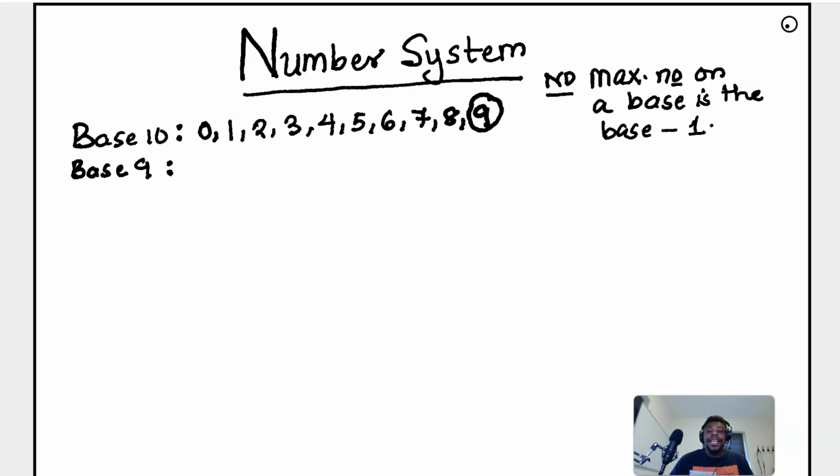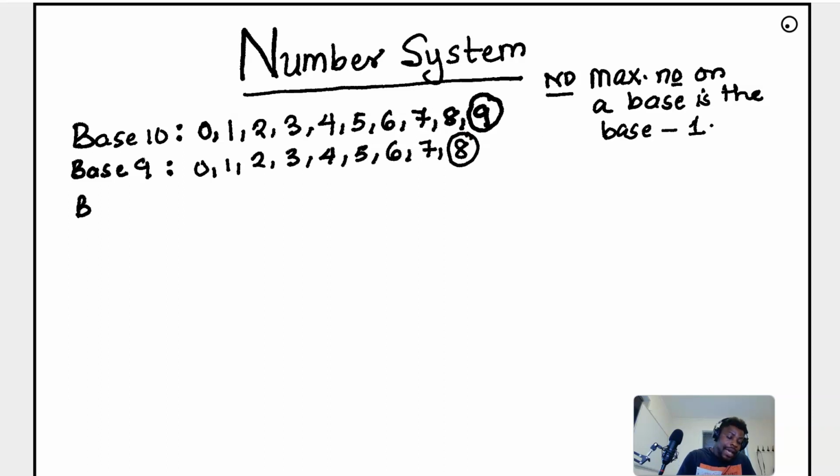Remember, to get the highest number you can have on a particular base, you will say that base minus 1. So the base we are considering here is base 9. So 9 minus 1 is 8. So 8 is the maximum number you can get on base 9. The ranges are 0, 1, 2, 3, 4, 5, 6, 7, 8.